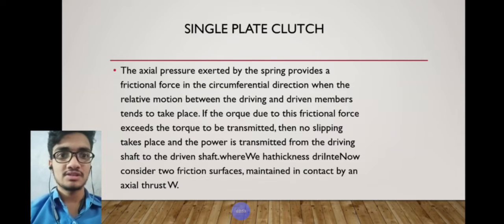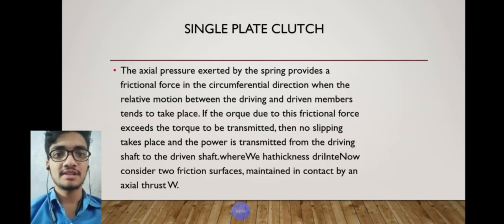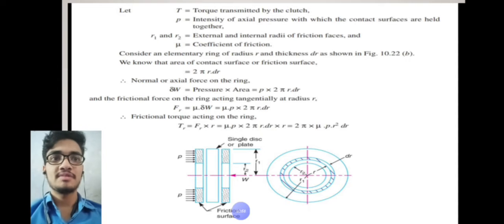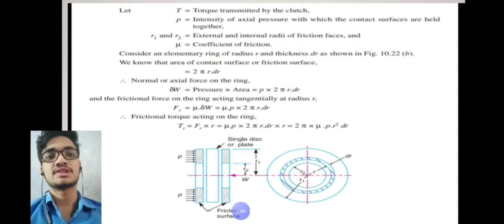Now consider two frictional surfaces maintained in contact by the axial thrust W. Let T be the torque transmitted by the clutch, P the intensity of axial pressure, R1 and R2 the external and internal radii of the frictional face, and mu the coefficient of friction.